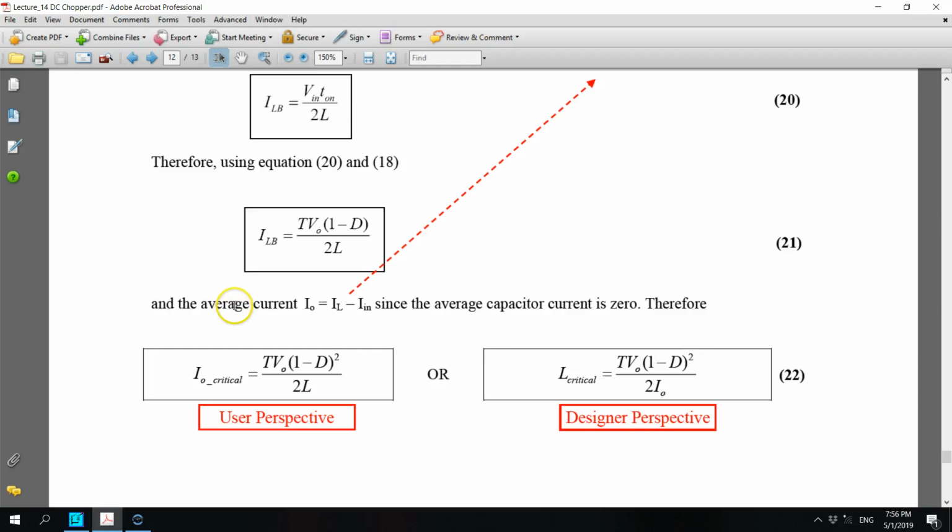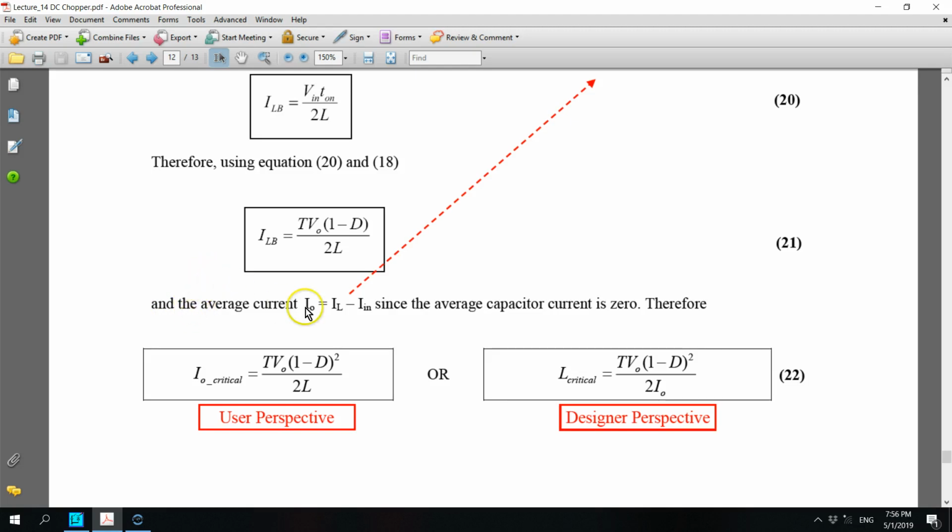And get that critical equation. If you are a user, which means you buy the buck-boost converter from a shop, for example, and that converter already has this inductor size L, then as a user you understand that the minimum critical current can be determined by this equation, for that to be the boundary.